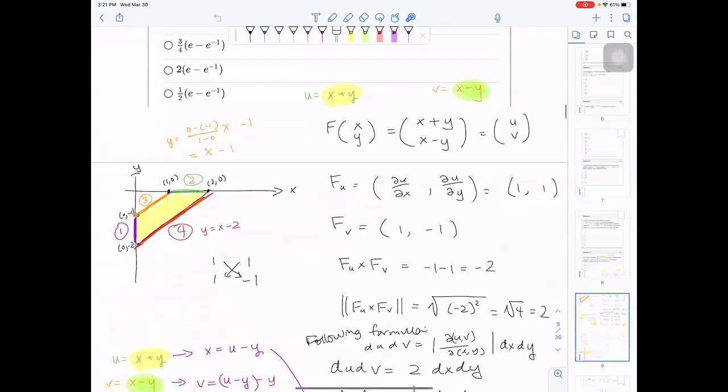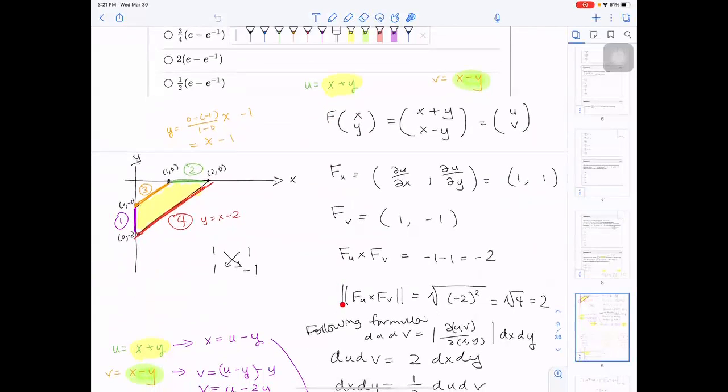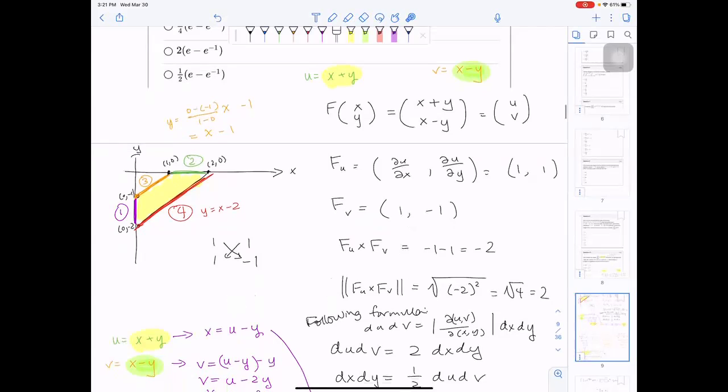So for surface integrals, you always do this: find a function, derivatives, cross product, length. Was it length or absolute value? Length. When is it absolute value? Maybe it's the absolute value of the length, but it should be the length, I hope.